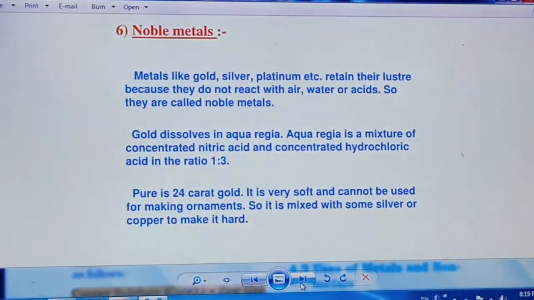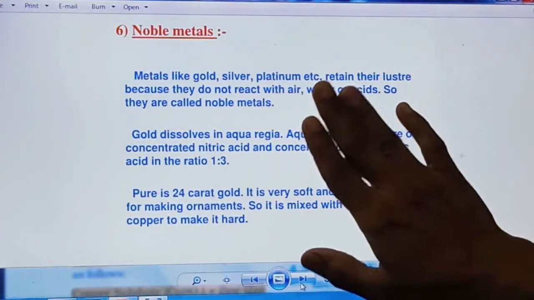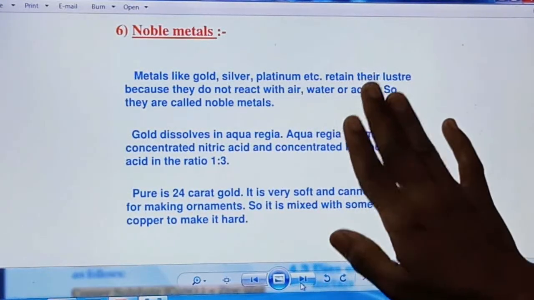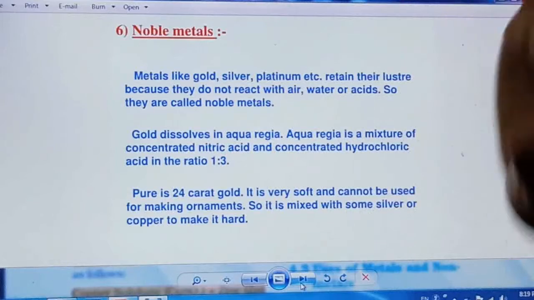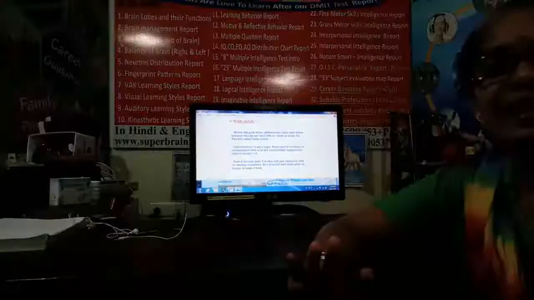Next point, see, there are some noble metals. Noble metals means what? Those that do not react or are very least reactive, right? They will remain as they are. They will not react with any other metal, right?